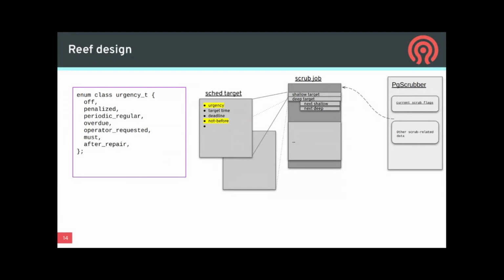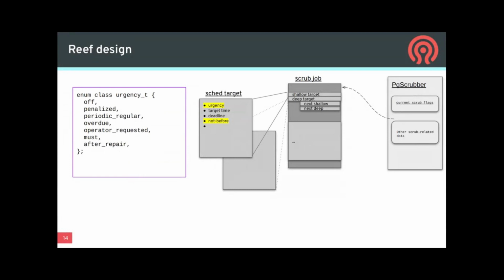We have the overdue, which is another behavior or another functionality that is currently handled sometimes with flags. Overdue means that we are beyond the deadline of a specific target. And again, because we have two different targets, the shallow and the deep, we can do that.